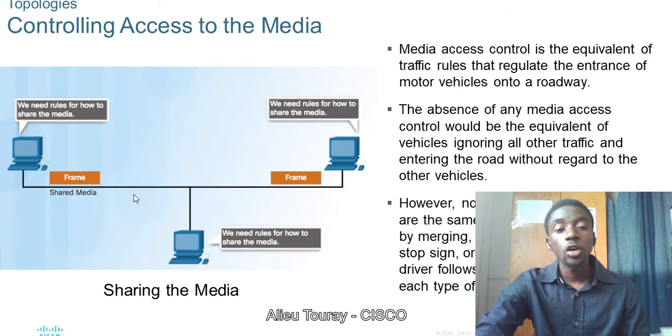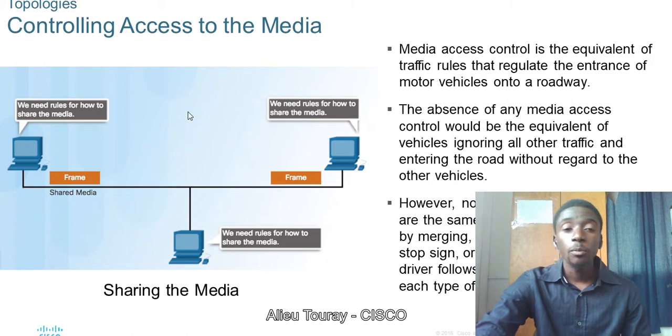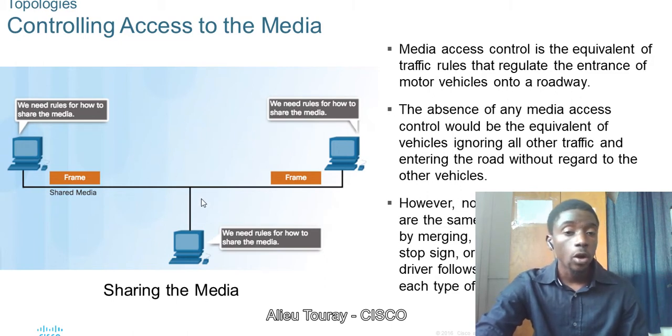With a shared medium, we need to have rules in order for us to avoid collisions. If we live together, we have to put some rules in place to avoid collisions. That's why the police say, before you enter the road, you have to check both sides of the road to see that there is no car coming, so you can enter the road. Those are the rules that devices will also have to follow if they have a shared medium.